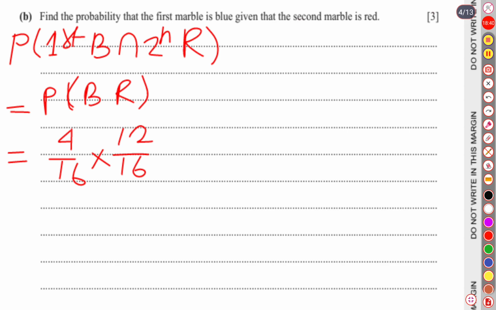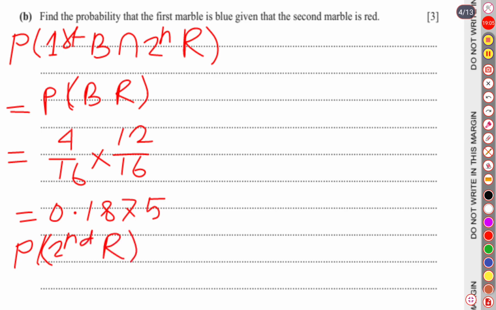So the probability is going to be 0.1875. Now we are going to find the probability of only second one is red, probability of second R. So what is the probability for second R?